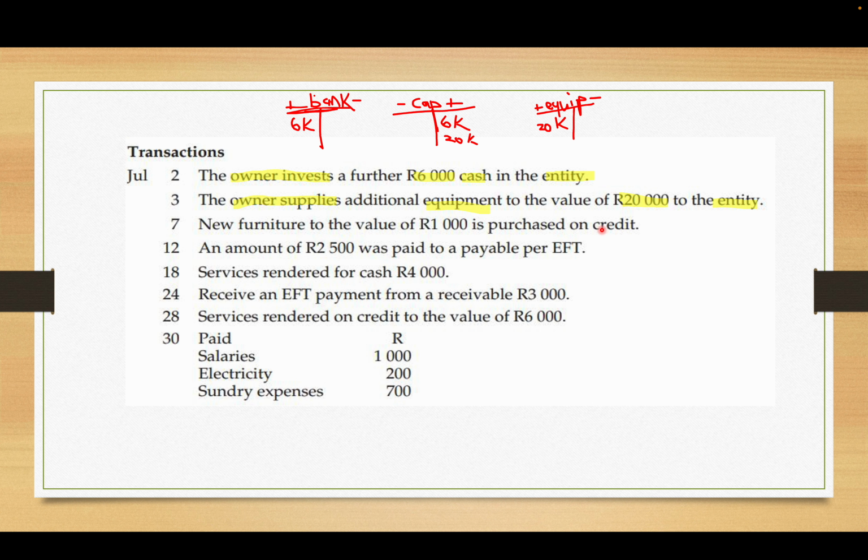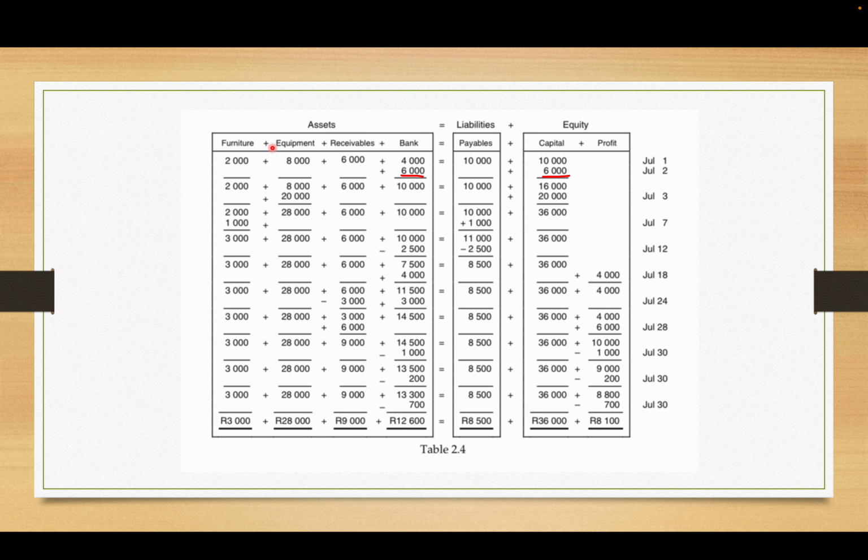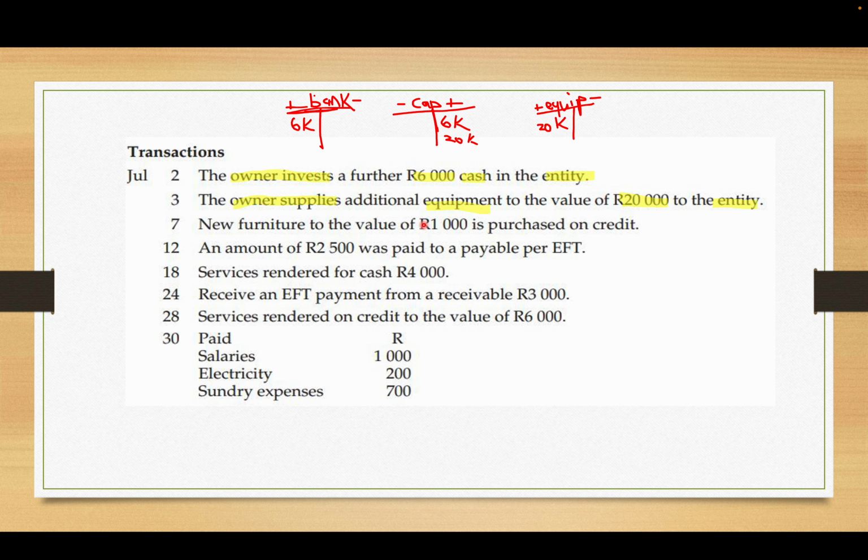So it increases our furniture by 1,000, and payables is under liability, so it increases by 1,000. Assets equals 1,000, liability plus equity equals 1,000. So the accounting equation equates to each other.